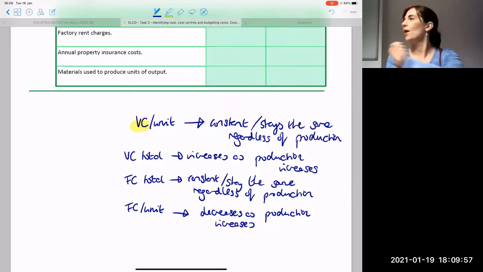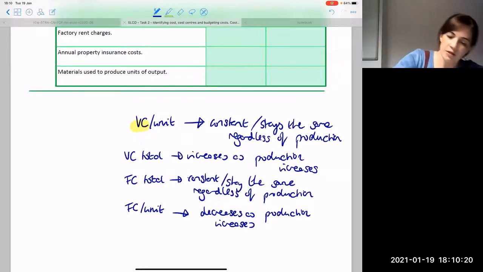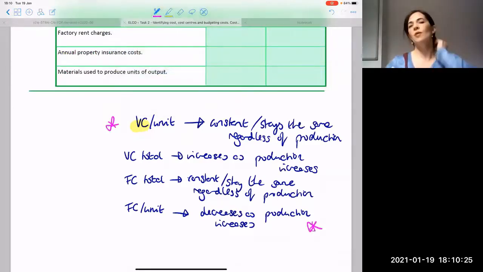So if I've got my rent on my factory of 100,000, if I'm only making 1 jar of jam, then the cost per unit is 100,000. If I make 100,000 jars of jam, then my cost per unit is only going to be £1, isn't it? So given the fact that total fixed costs are constant, the more units you produce, the cost per unit will go down. So you might just find that that helps you to answer these tasks, guys.